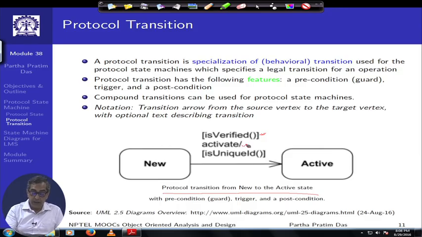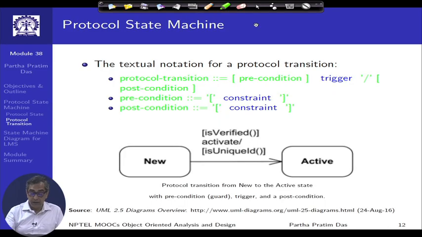If it is, then your trigger is activate that ID, and certainly the post condition is that what will result from this is a unique ID. So, these are the typical ways you will write protocol transitions, and this is the syntax for the protocol transition.